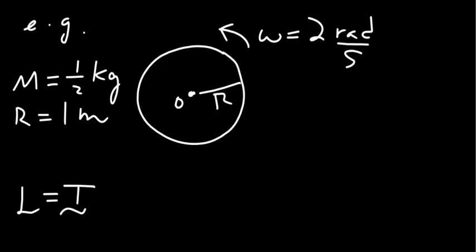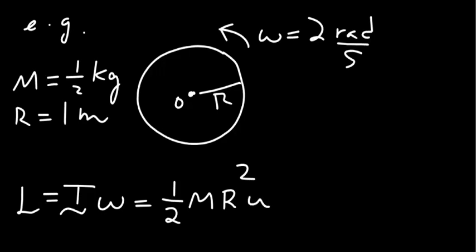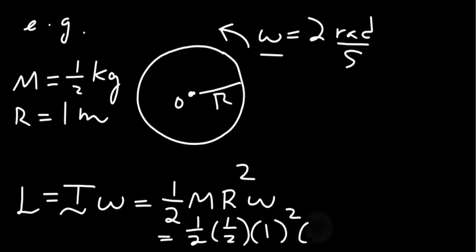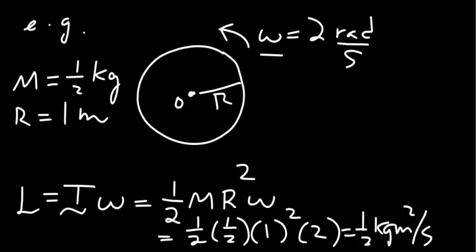It is the product of the moment of inertia and angular speed. The moment of inertia for such a disk is given by half times the mass times the square of the radius, times omega, which is the angular speed. Putting in the numbers, you get half, the mass is half kg, radius is 1 meter, so 1 squared, and omega is 2. So the answer is half kg meters squared per second for the angular momentum.